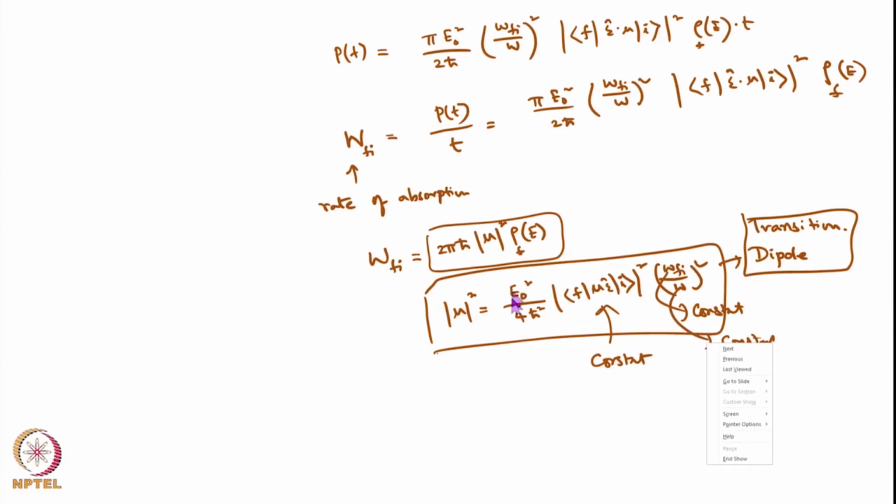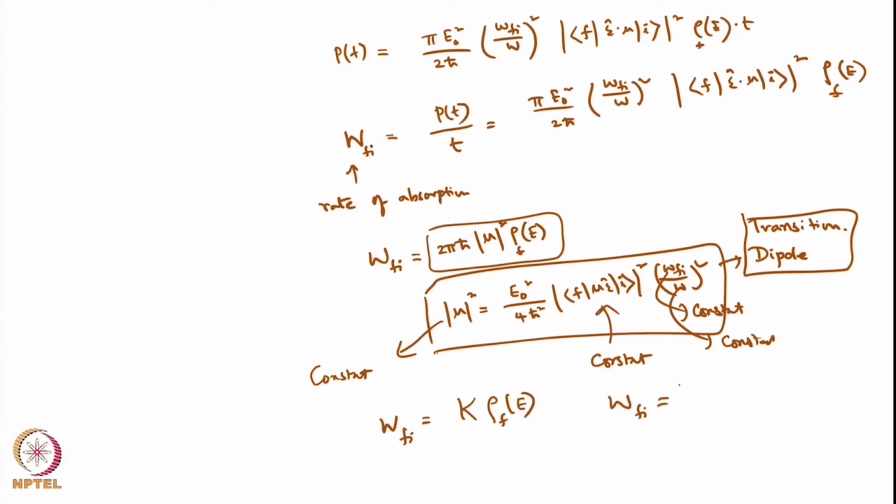So everything inside this is a constant, which means for a given transition mu square is a constant. 2 pi h bar is also a constant, mu square is a constant, so 2 pi h bar mu square is some constant k into rho f of e. So which means your rate constant WFI is given by rho f.